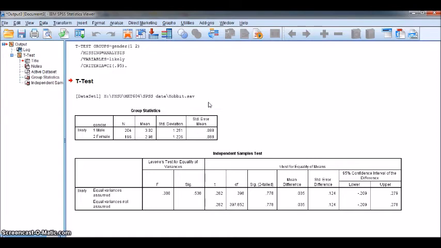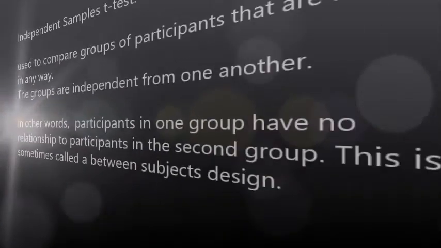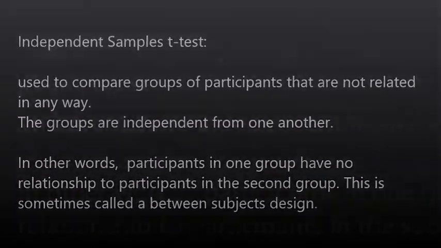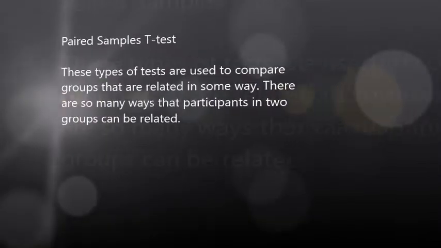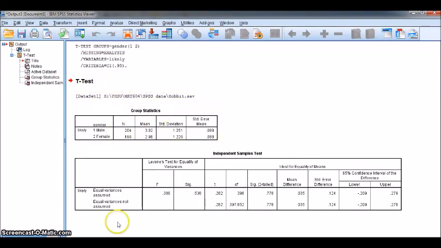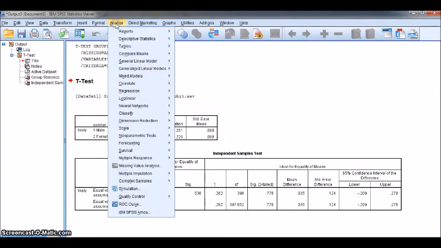Now, for this, we would do a paired samples t-test because we look at two different measures within the same group, so it's the paired samples statistics. So what we're going to do next for question 2 is go to Analyze, Compare Means, and click on Paired Samples t-test.